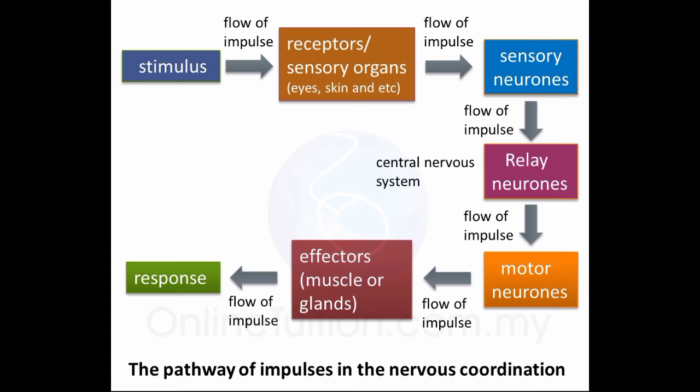So if we talk about the reflex arc or reflex action, it basically requires three neurons. That is, one is sensory, second is relay or intermediate, and third is the motor neuron. But in some cases, just like the knee jerk, only two neurons, that is sensory and motor neurons, are involved. So a minimum of two neurons are involved, and in some more complex actions, more neurons might be involved.